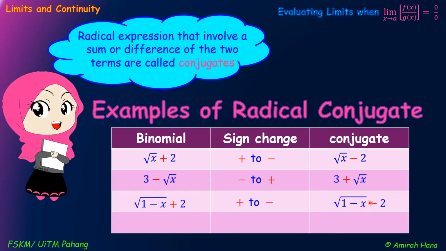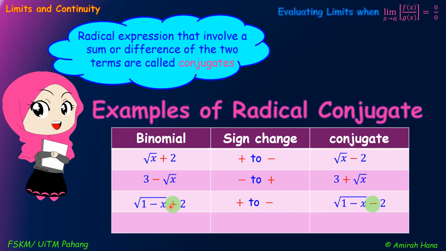We don't need to change the minus sign inside the radical symbol because this is considered one term. We only change the sign outside the radical symbol. Then we get the conjugate of this binomial.